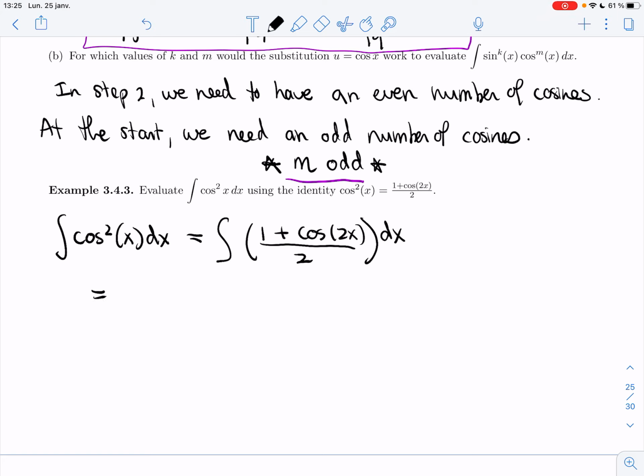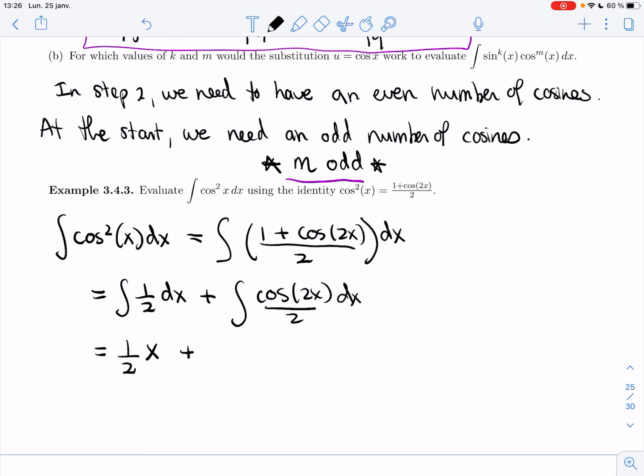And then I'm going to be able to split this. I'm going to get the integral of 1/2 plus the integral of cosine 2x over 2. Integral of 1/2, you could pull the 1/2 out, but you don't need to make it a separate step. I'm looking for something whose derivative is 1/2, so the easiest thing is 1/2 x.